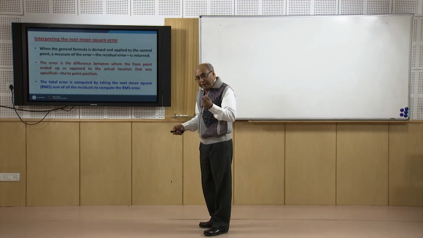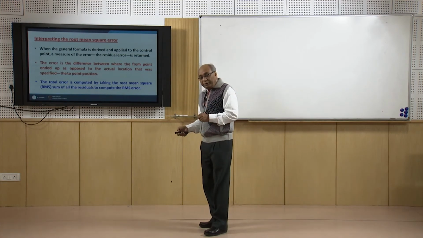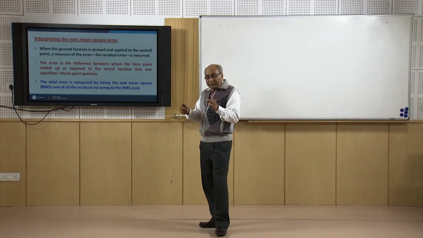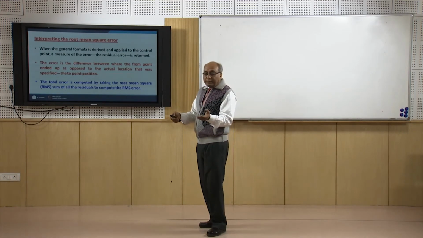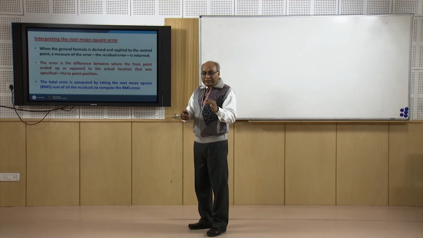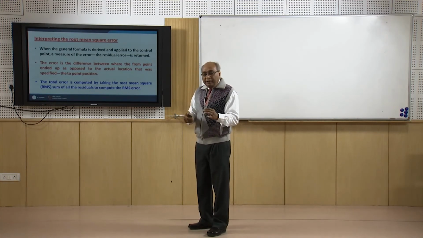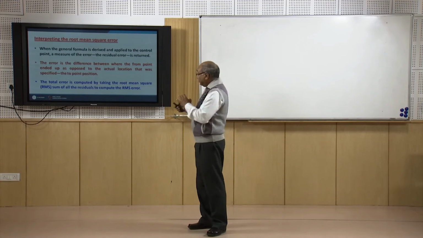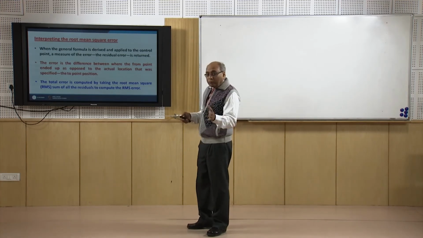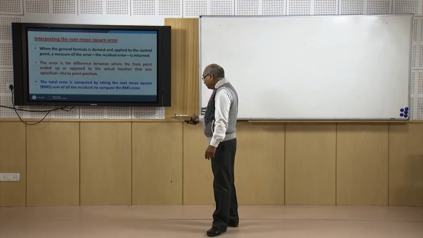And if I am getting an error which is less than say 50 meters, then I am sure that I am within a pixel, and that is the best, because a pixel is nothing but a unit, and a unit means indivisible, and I cannot go beyond that. So if I am achieving this error within 1 pixel, I am achieving quite good georeferencing.